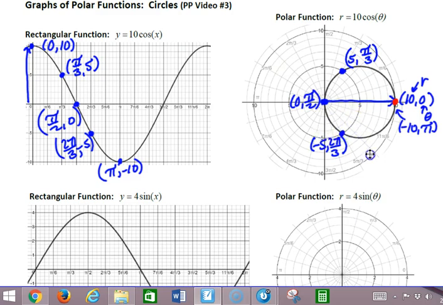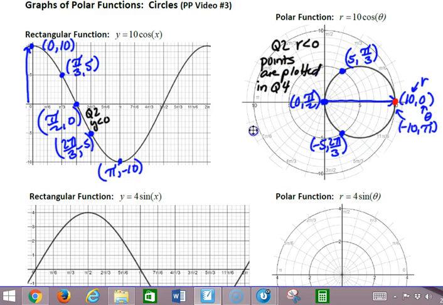What I want you to notice here is in quadrant 2, y is less than 0. Here in quadrant 2, r is less than 0. So that means the points are plotted in quadrant 4, because quadrant 4 is in the opposite direction through the center of the polar grid. It's in the opposite direction from quadrant 2.